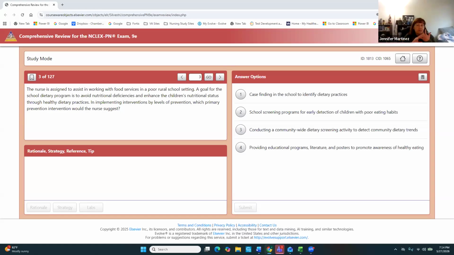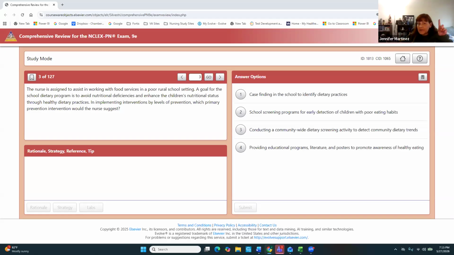So we have primary, we have secondary, and we have tertiary. What is primary? Primary is everything that we do to prevent. Screening, I think, is secondary.